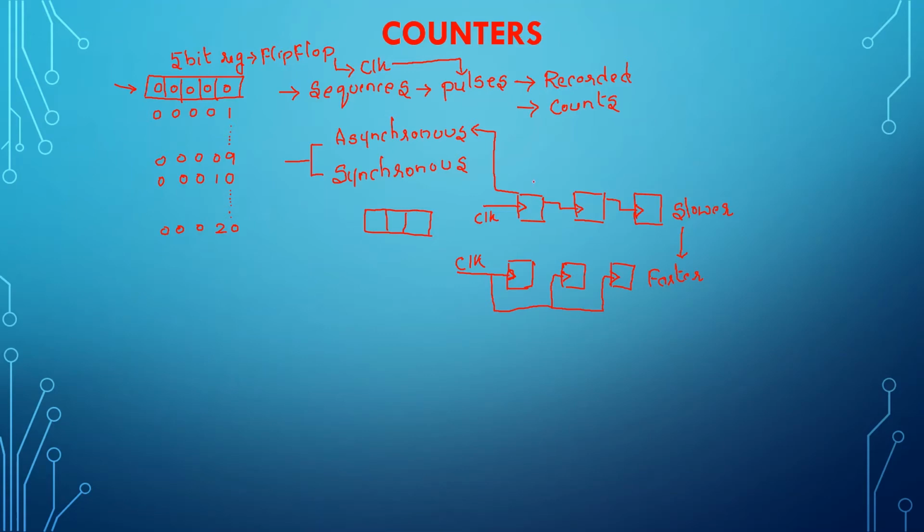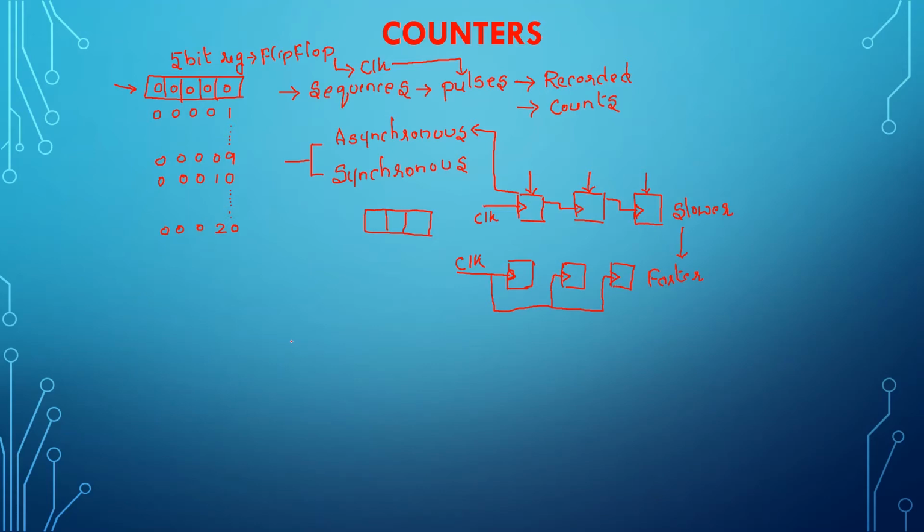Initially this flip-flop has to work. Only after this flip-flop produces output can my second flip-flop receive the clock input. After the second flip-flop produces the output, my third flip-flop can produce the count. Whereas here, all the 3 flip-flops will be working together, because of which this will be comparatively faster when compared to the asynchronous ones.